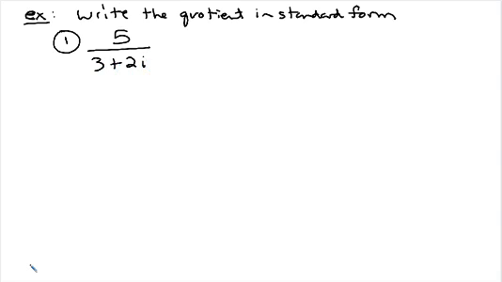Well, remember, i is the square root of negative 1. We don't like having that in the denominator, so, you know how we used to rationalize the denominator? It's kind of the same idea, but what we're going to do is multiply the top and bottom by the conjugate.